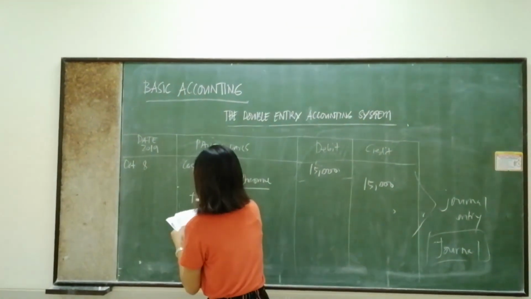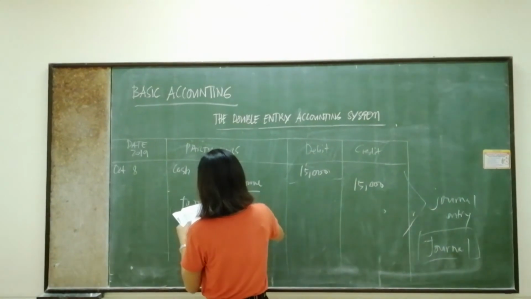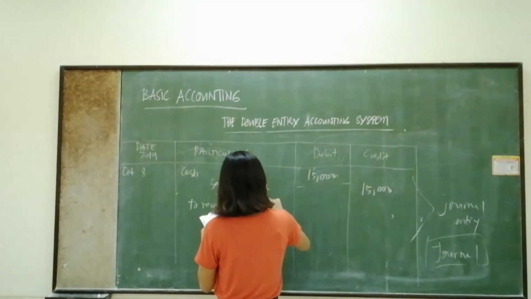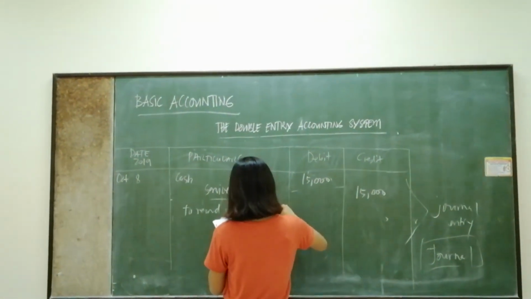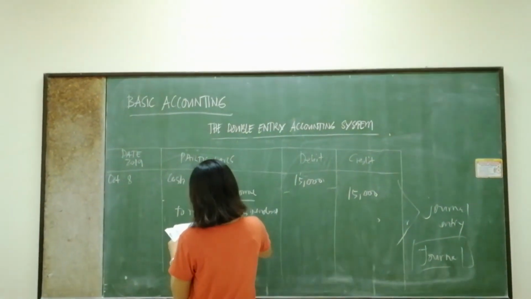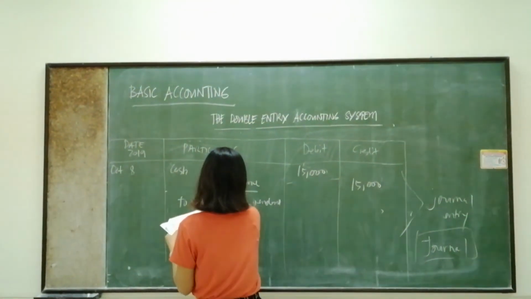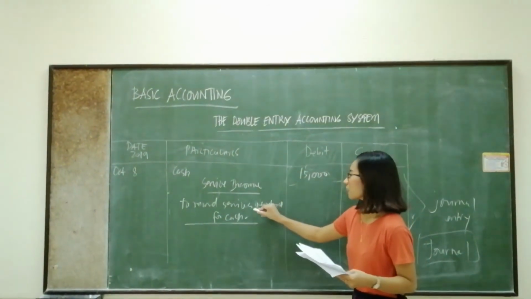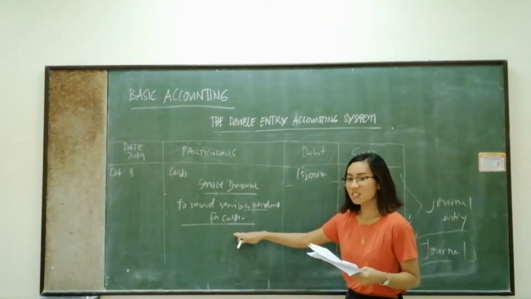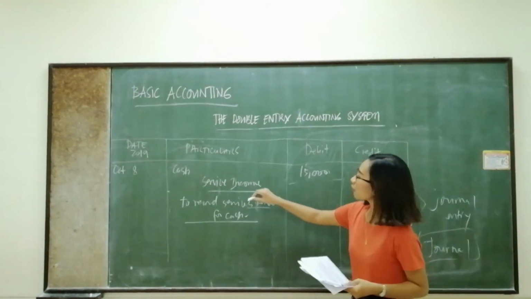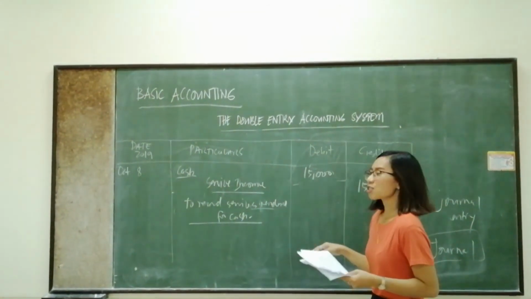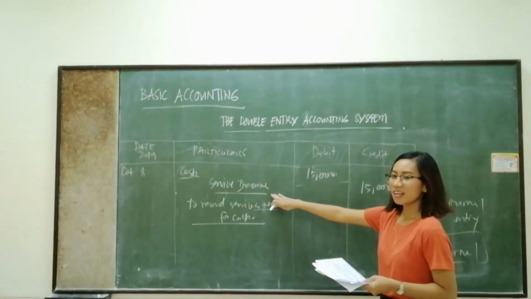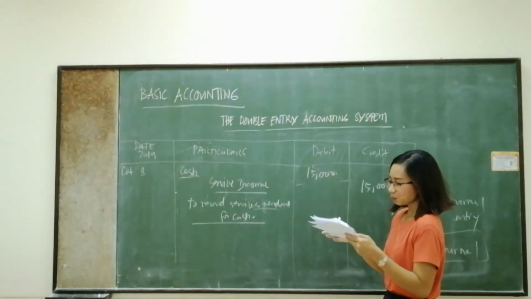So this is to record services rendered for cash. Because the services rendered is for cash, or the customer paid in cash, you have to debit the cash received and credit the service income.